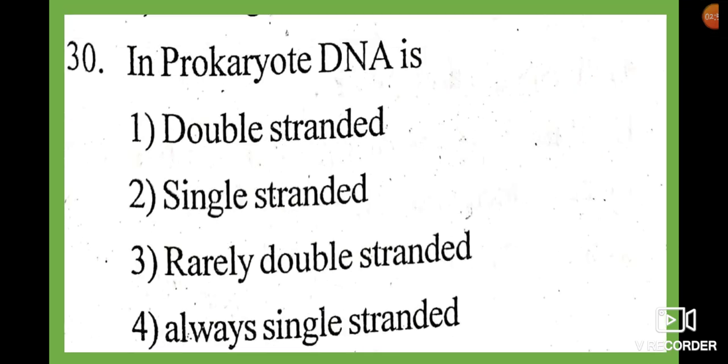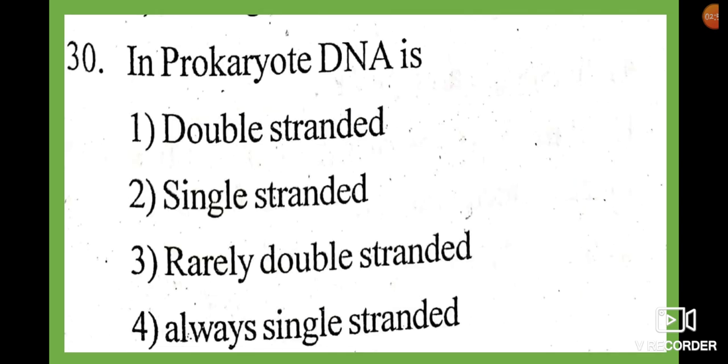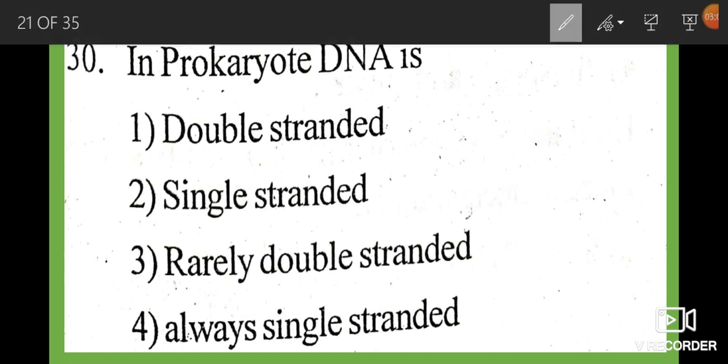Question number 30. In prokaryotes, DNA is, the right option is double stranded. Actually, in prokaryotes, DNA is double stranded, circular, naked genetic material.